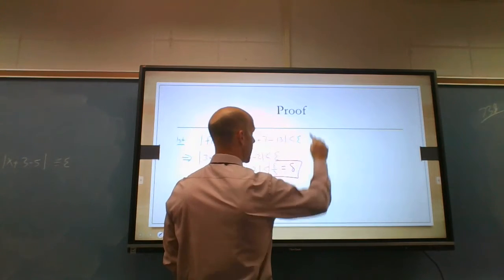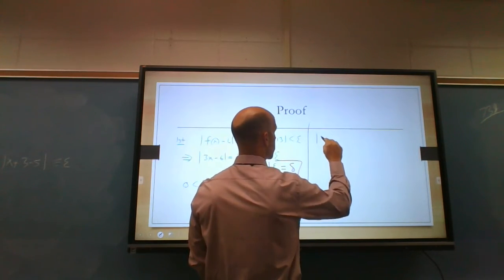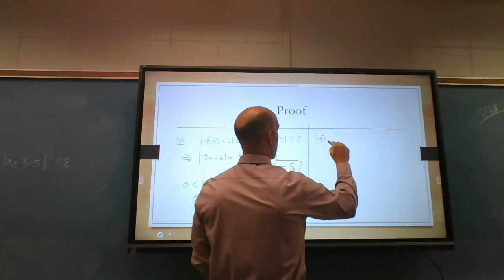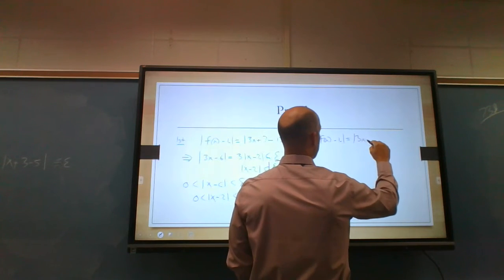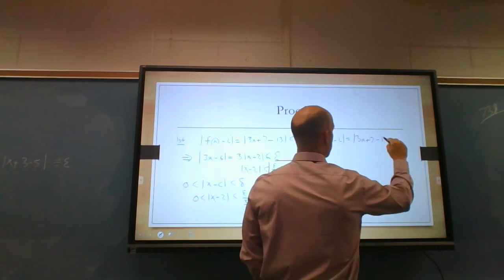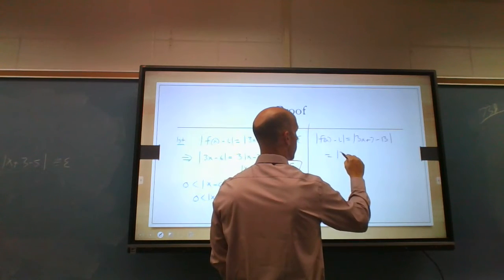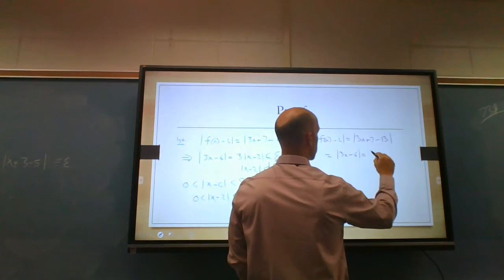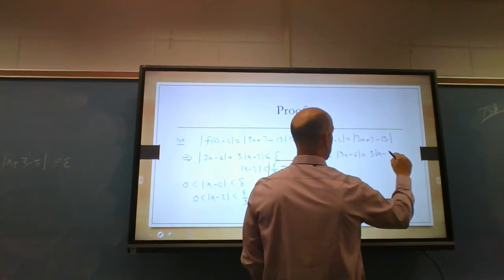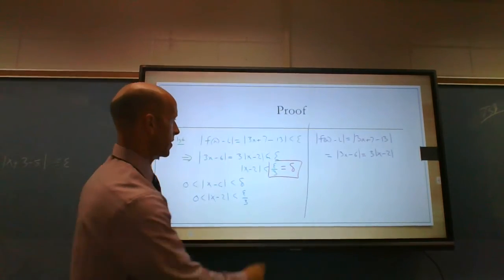Again, this was the key. So now we go back to our absolute value of f(x) minus L, which is 3x plus 7 minus 13. That is equal to 3x minus 6, which is 3 times the quantity x minus 2. And what is the absolute value of x minus 2?